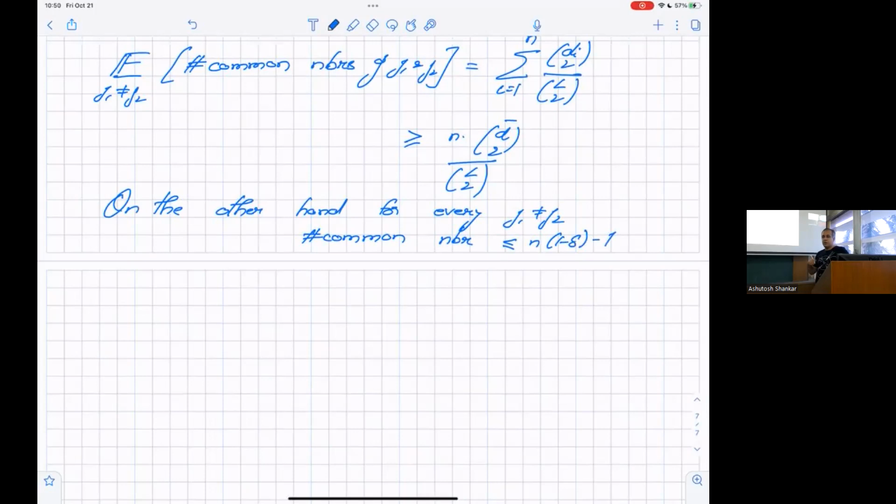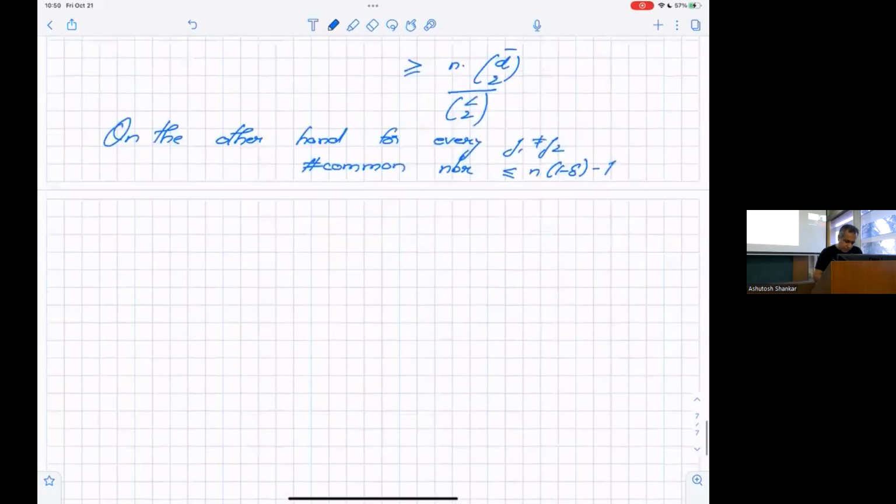Therefore, the agreement has to be strictly smaller than this. We just put all of this together, putting these two together, we are going to get that.